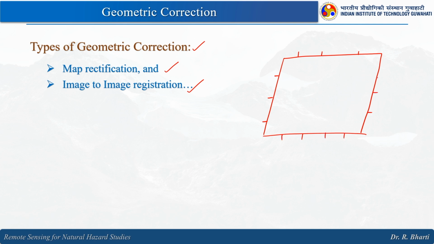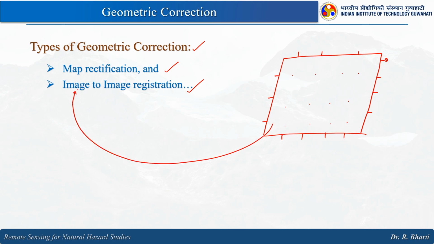So, these latitudes and longitudes will be used to correct the geometric error of this particular toposheet.